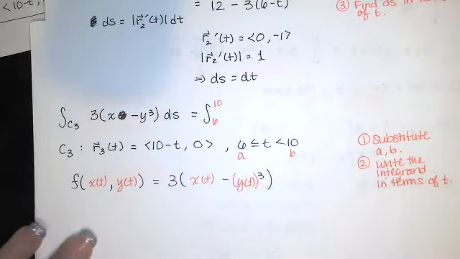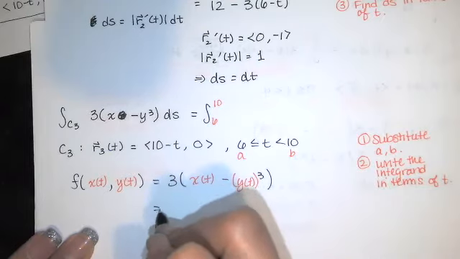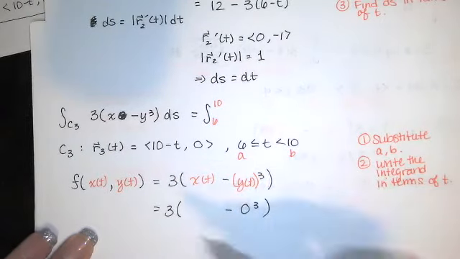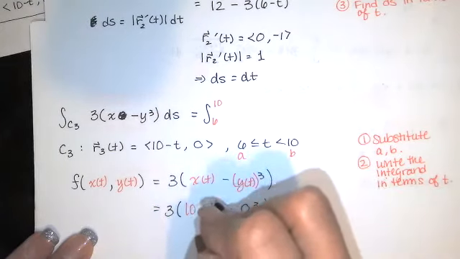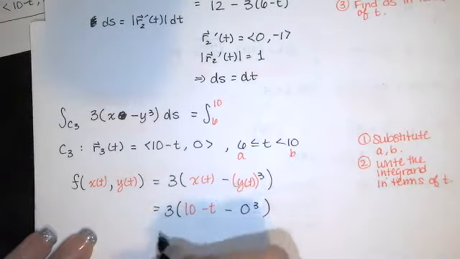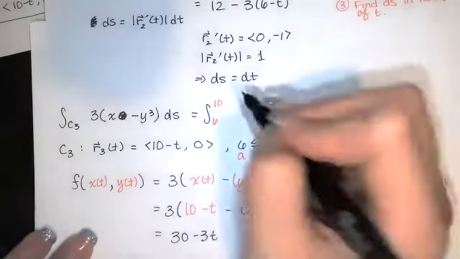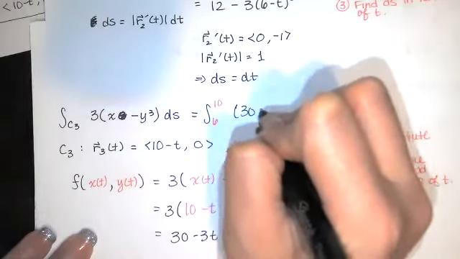In this case, x is 10 minus t, and y happens to be 0. Well, that's nice and easy. We could distribute the 3 and we get 30 minus 3t. That's f in terms of t.